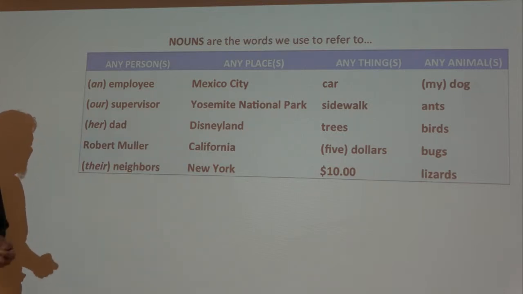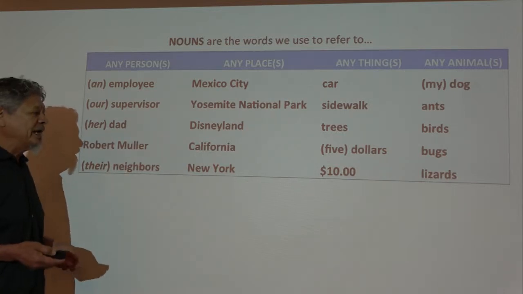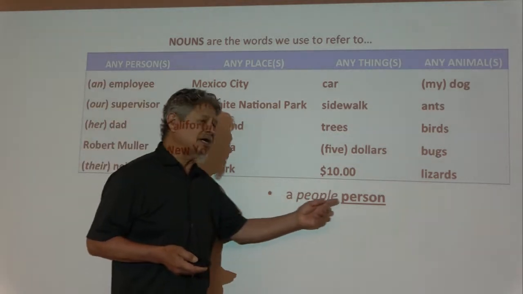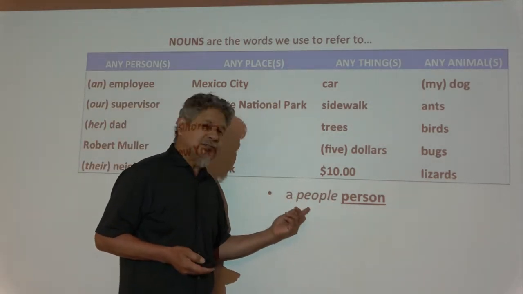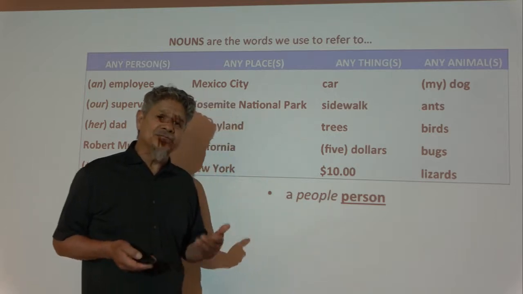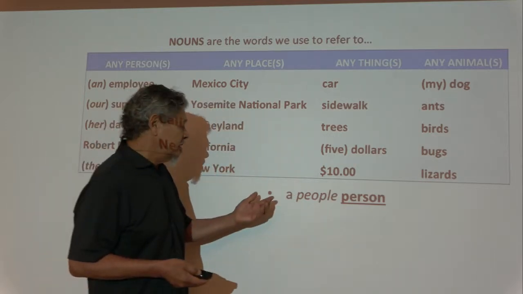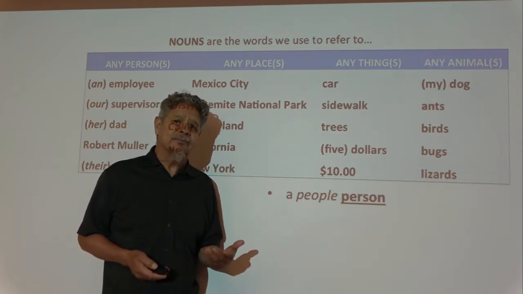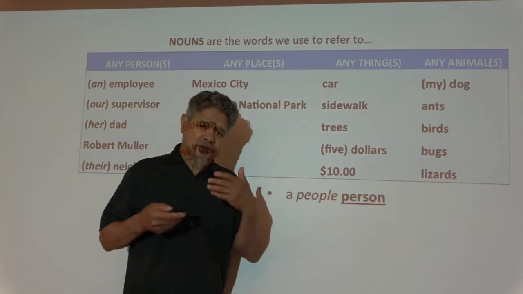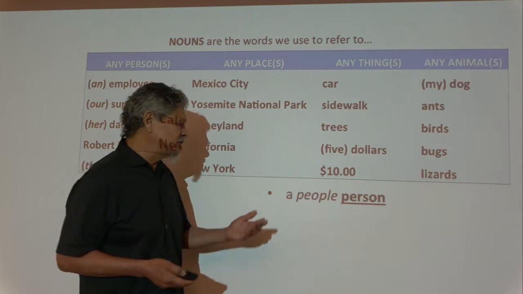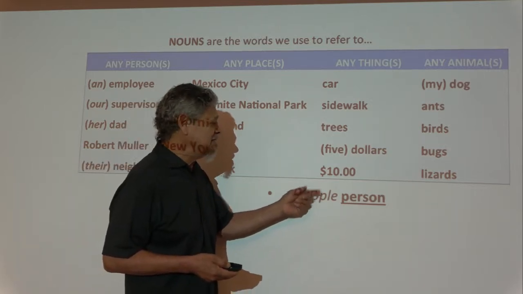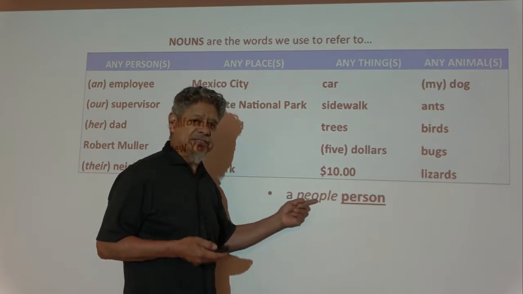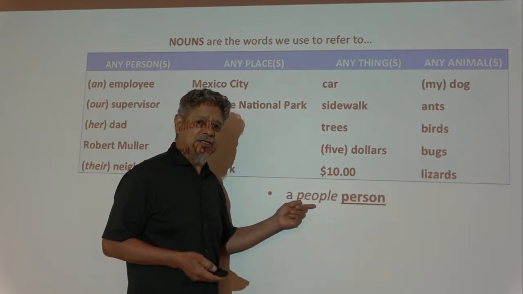The third thing to keep in mind is that whenever we have two nouns side by side, the first one actually becomes an adjective. If we say that John is a people person, we mean that he is a sociable individual. And so here, people is describing person. And so this no longer is a noun, it is an adjective.